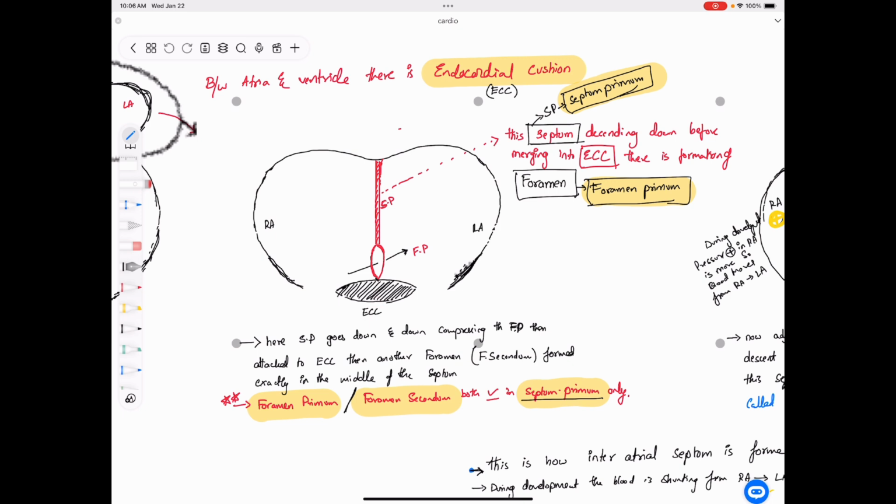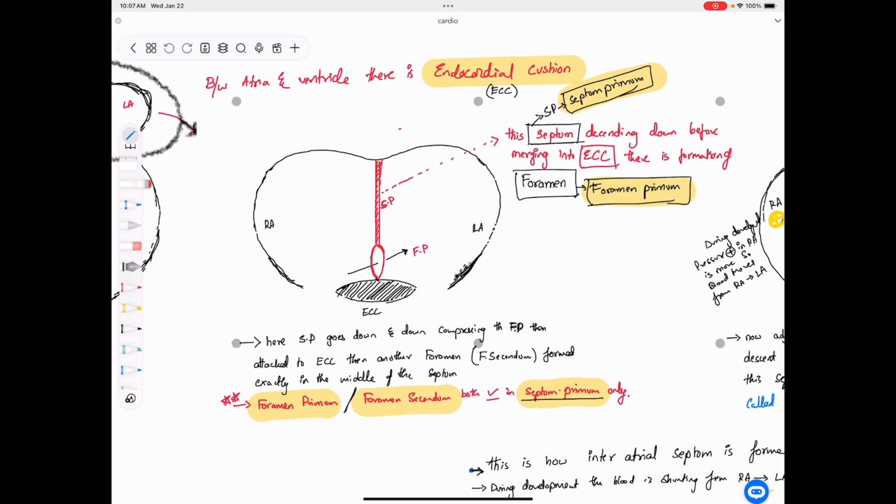The gap between the lower edge of septum primum and endocardial cushion is called foramen primum. This space is foramen primum.